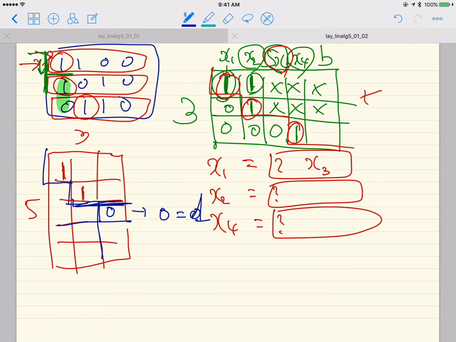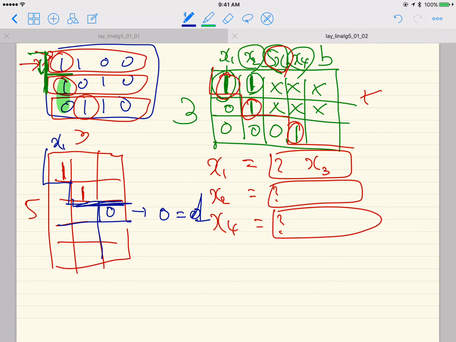Okay, and then let's see. In this case, how many solutions do we have? Infinite solutions? Why do you think so? Whether we have infinite solutions or only one solution depends on whether we have a free variable or not, right? So let's think about which variables are free or basic.